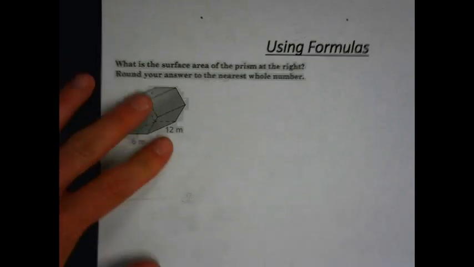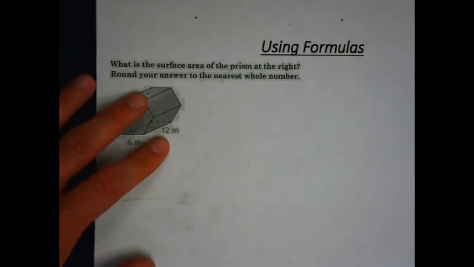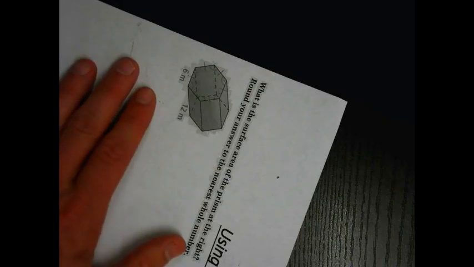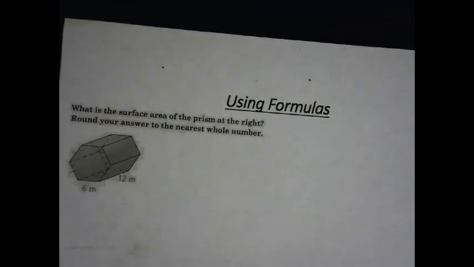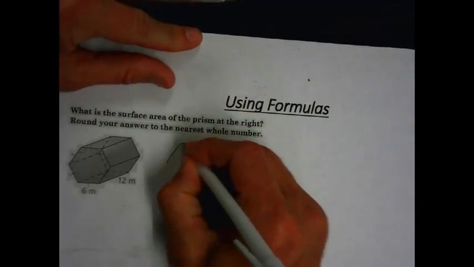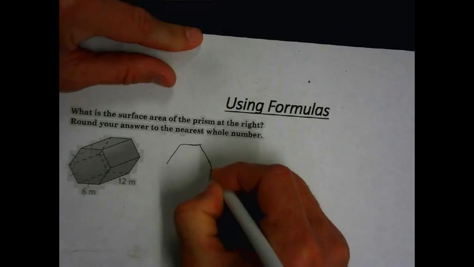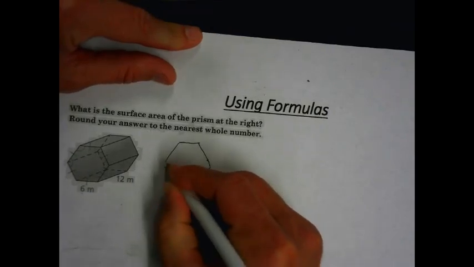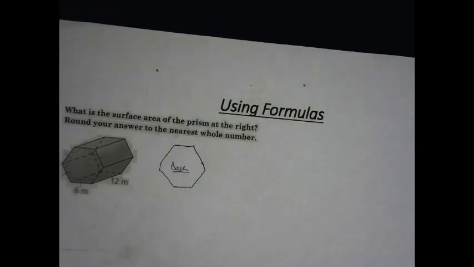Okay, so this particular diagram, the way it's written, will have gravity mess with you. We want to see that our bases are going to be the hexagon. Okay, so the hexagon is our base. And that, my friends, is the challenge. Because this problem is going to get a little nutty. So you've got to remember the hexagon is the base.